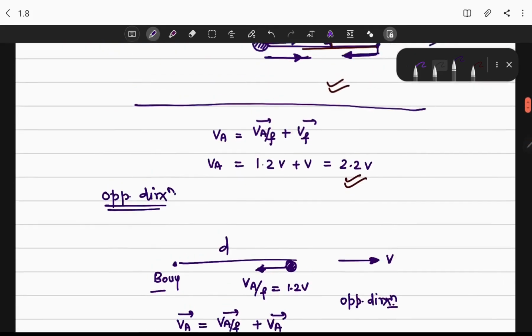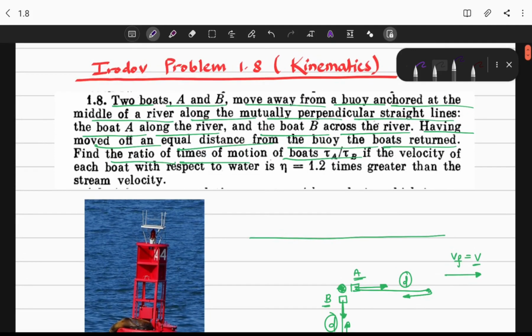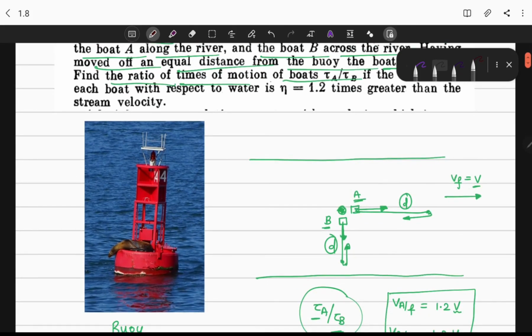Let us summarize it once again. Near the buoy, which was at the middle of the river, we had the two boats A and B. A was moving in the direction of the flow and B was moving perpendicular to the flow.